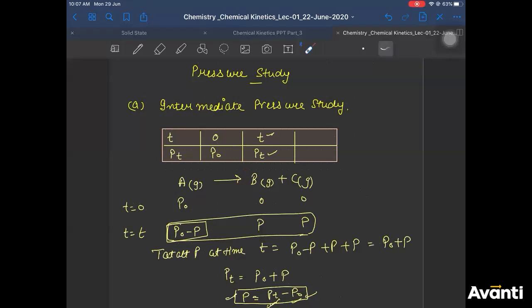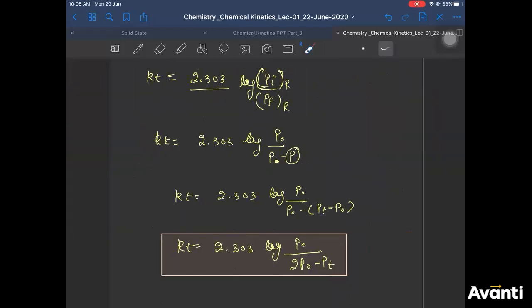This is called intermediate pressure study because we are taking the pressure at some intermediate time. Initial time and final time is obviously infinity, because a first order reaction is completed at infinity only. So we are not considering the infinite case now. Is there any doubt in this, guys? Please ask. Check both derivations carefully.